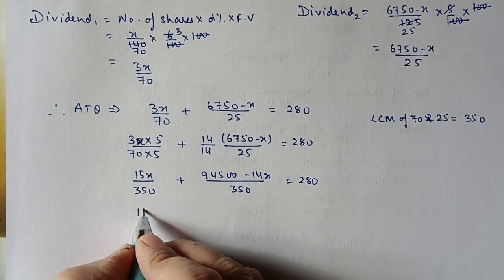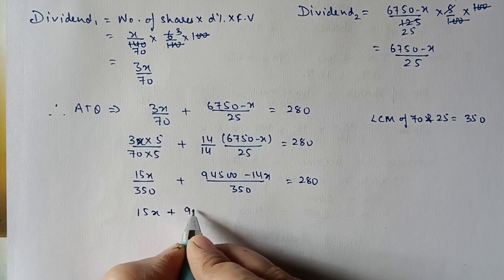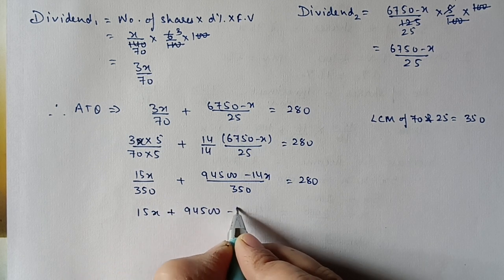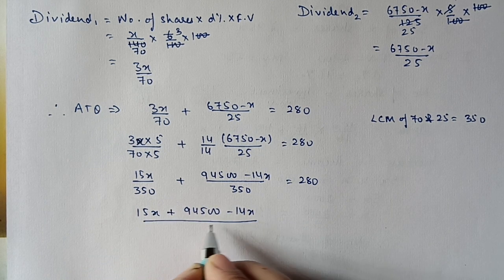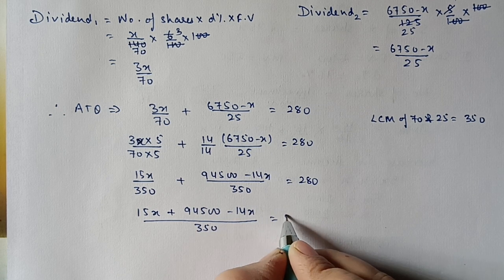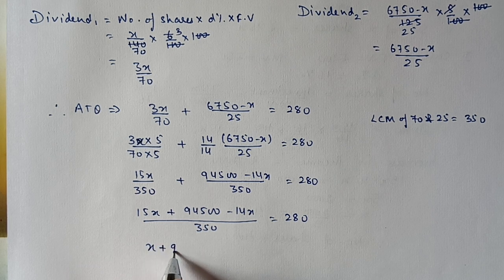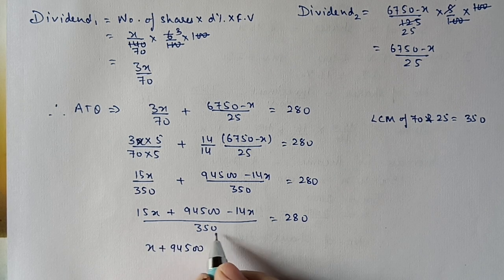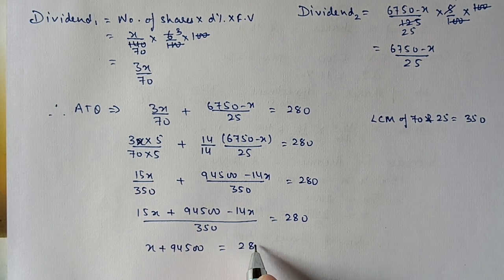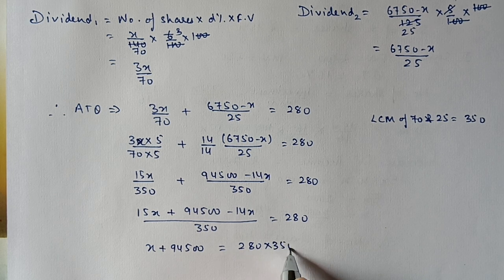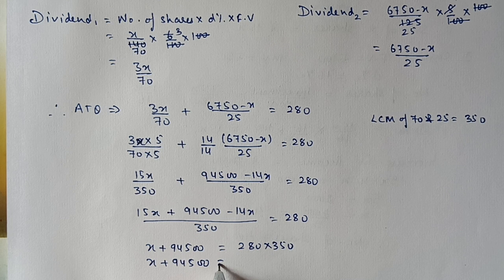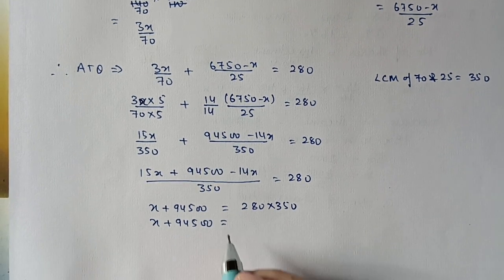So here it will become 15x plus 94500 minus 14x upon 350, which you can shift to the other side. 15 minus 14 will become 1x, and this you can shift to the other side. After multiplication we will get 98000.